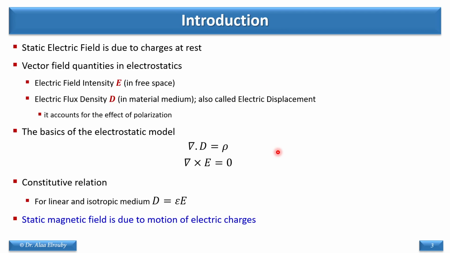So how was this topic, the magnetic field, introduced to the scientific society? We know that the static electric field is due to charge at rest, so unmoving charge. The vector quantities for the electrostatic field are the electric field intensity E and the electric displacement field D, or electric flux density, which accounts for the effect of polarization in materials that are not free space or air.